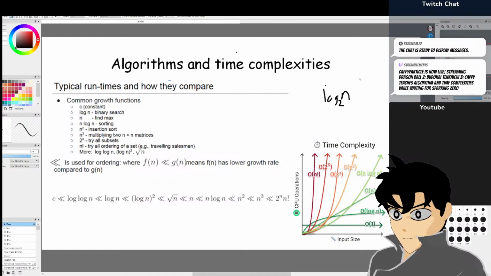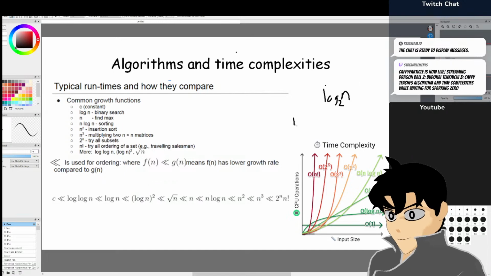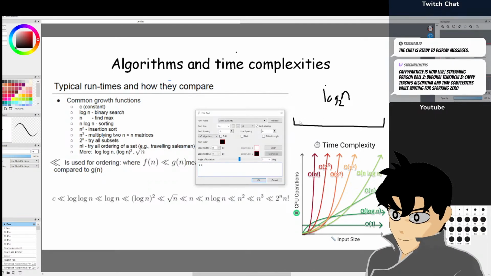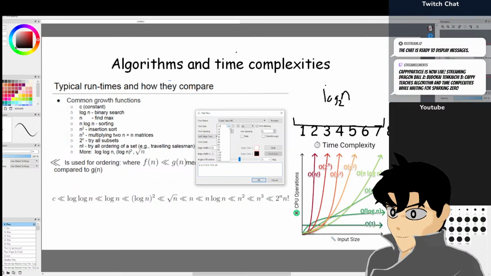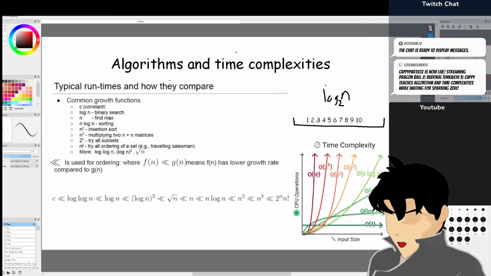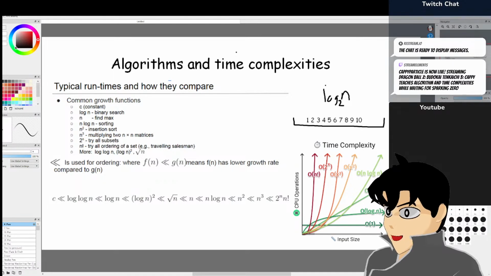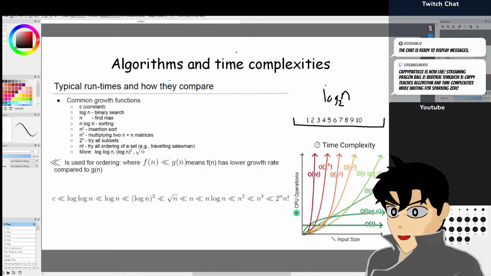where let's say you had a set of numbers, you know, 1 to 10, alright? So log n, the 1 to 10 is the n part, okay? And then the log part is the part that takes everything out.